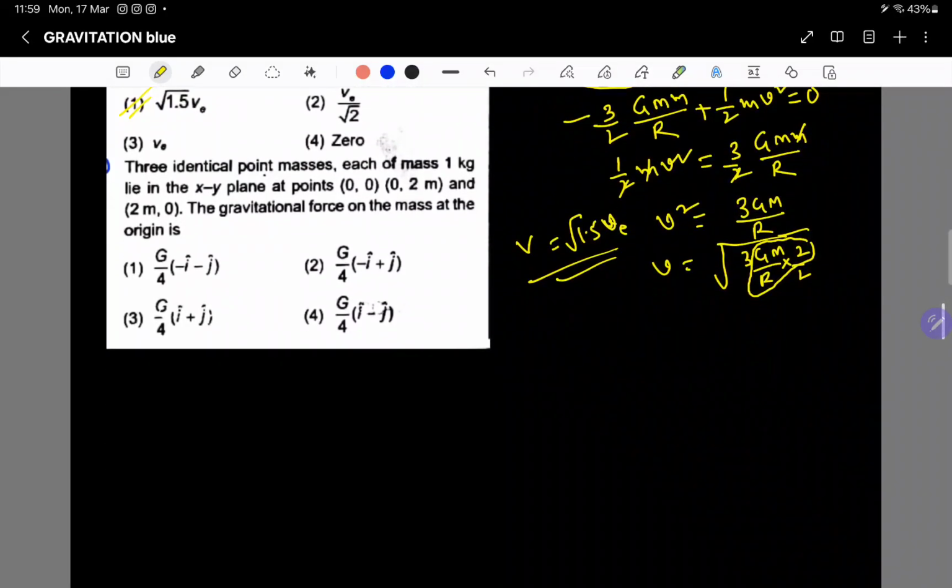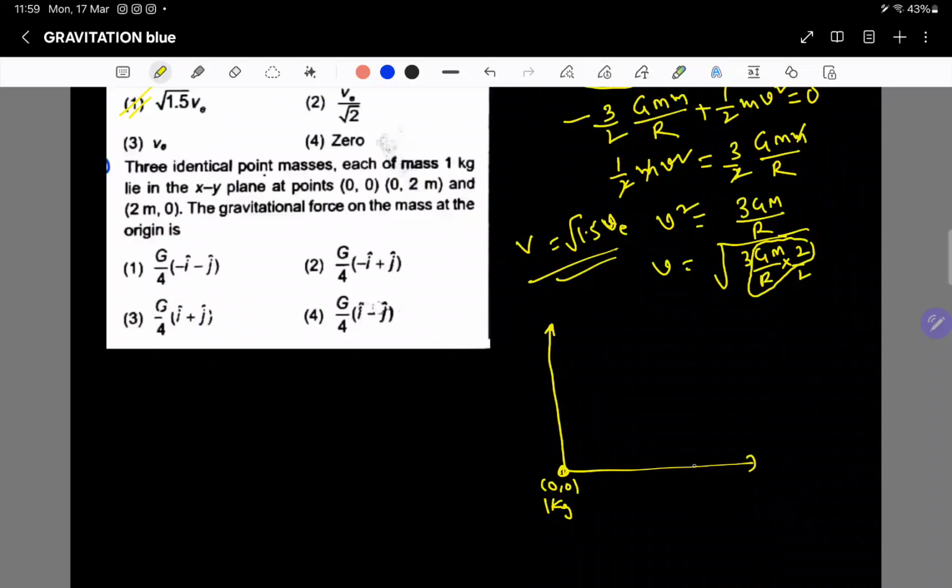Next question, students. Three identical point masses, each of mass 1 kg, lie in the xy plane. The first particle is at the origin, 0 comma 0.